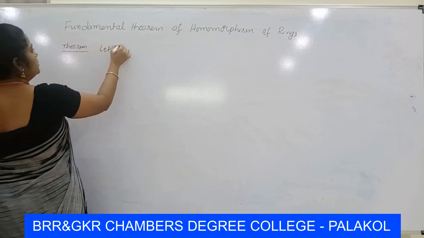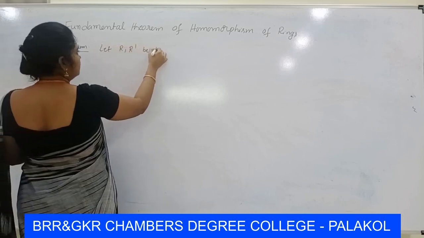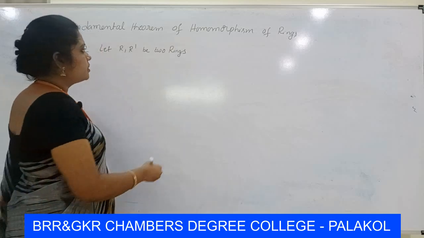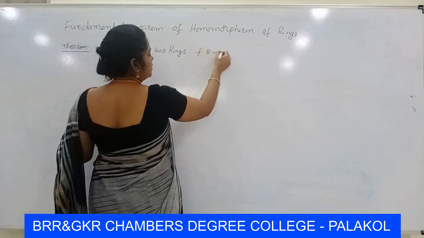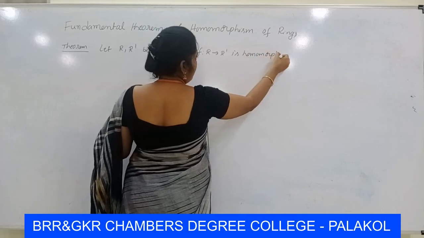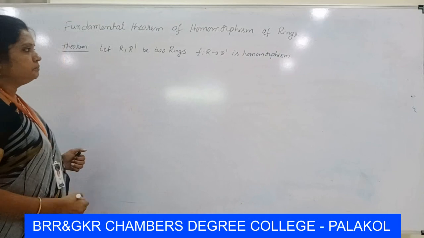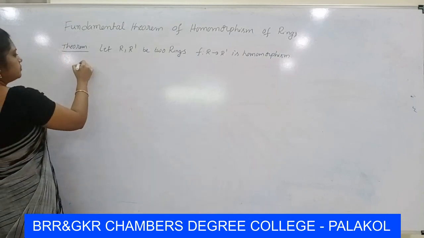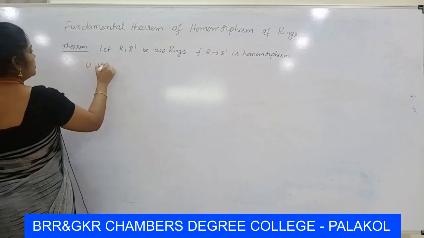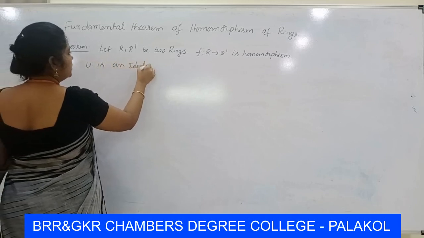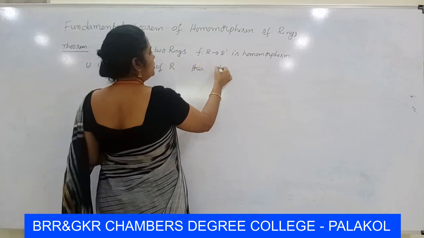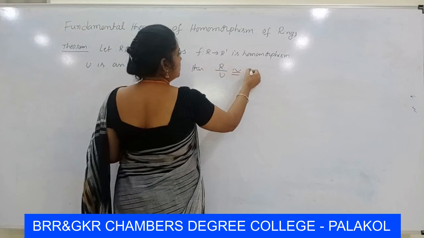Let R, R dash be two rings, f maps R to R dash is a homomorphism, then U is an ideal of R. Then R by U is isomorphic to R bar.